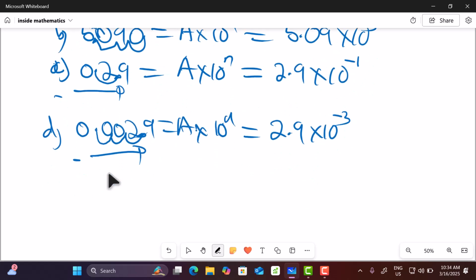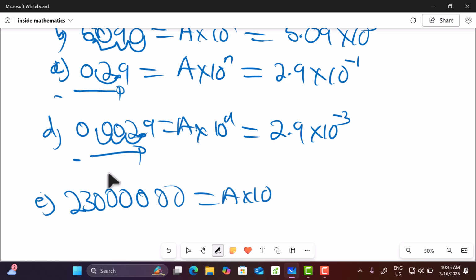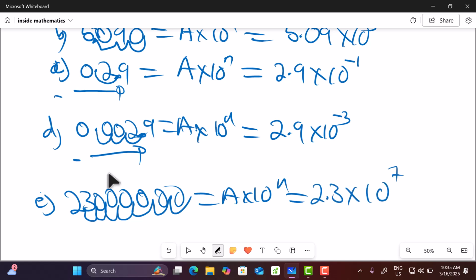For example, if you are having big numbers, let us say 1, 2, 3, 4, 5, 6. These are big numbers. In the form of a times 10 power n, we still have to count 1, 2, 3, 4, 5, 6, 7. So you find out we get 2.3 times 10 power positive 7.